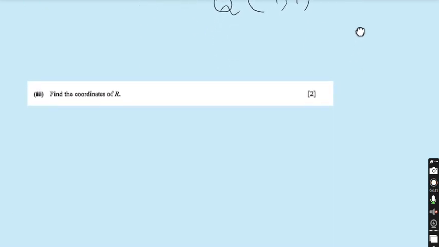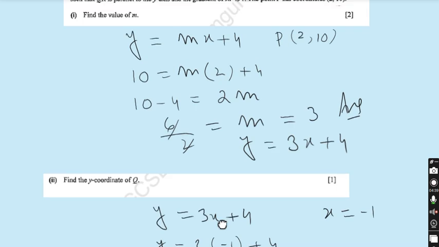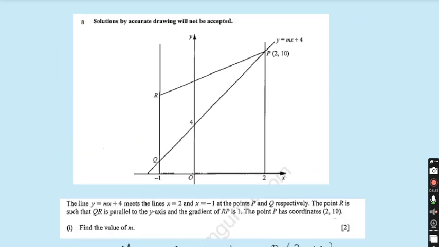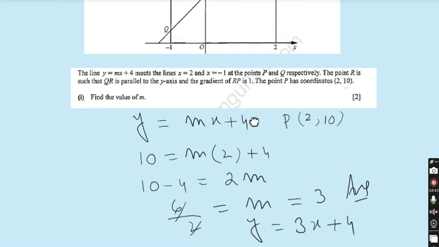See part number 3: find the coordinates of R. Students, you can see the line QR is parallel to the y-axis.